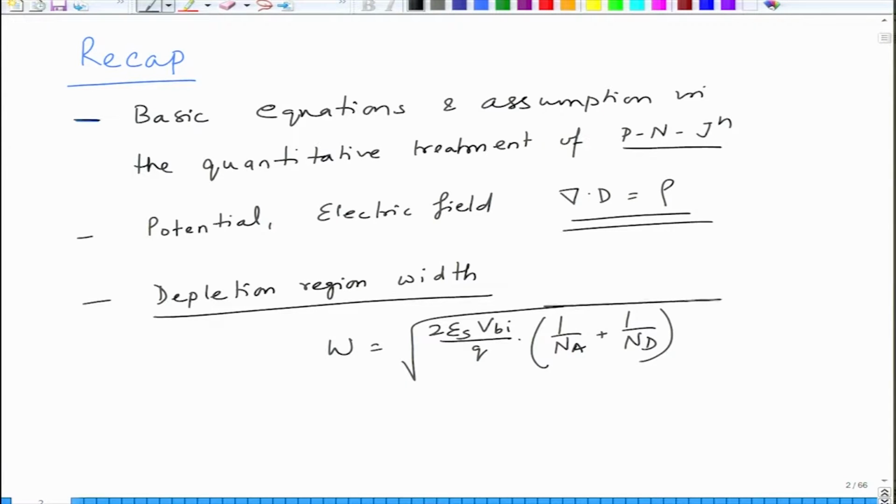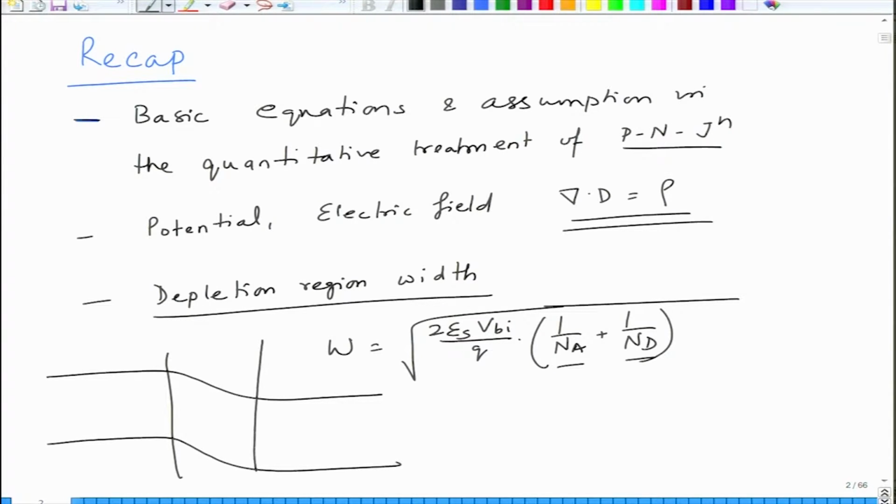This equation tells you very clearly that if your Na or Nd go up, the W goes down, which means in a p-n junction the depletion region becomes narrow. It shrinks if the semiconductors are heavily doped, or it expands when the semiconductors are lightly doped.